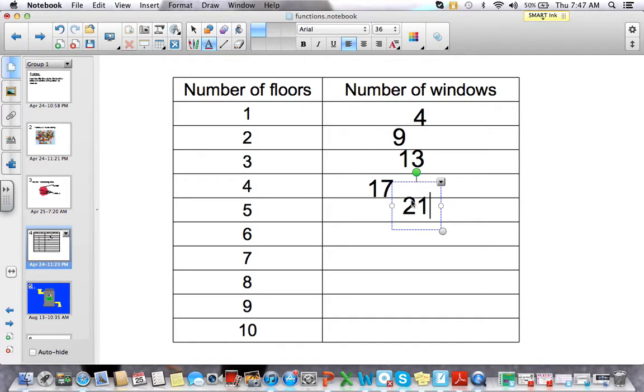You should have 21 windows. The sixth floor is 24 windows plus the skylight is 25. And the 7th floor should be 29. The 8th floor, 33. The 9th floor, 37. And the 10th floor, 41.